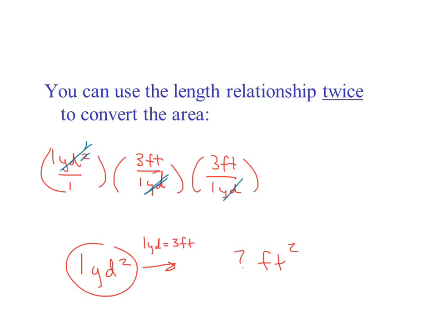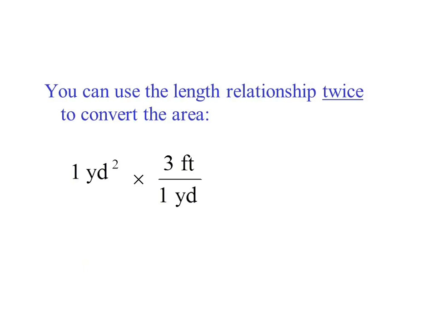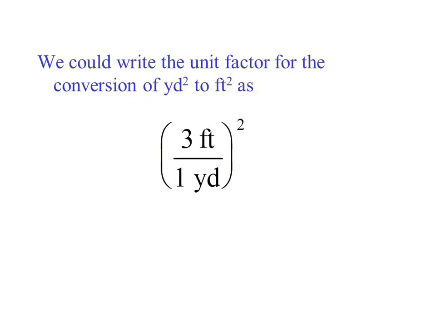Okay, so it feels cumbersome, like, hey, I know that 1 yard squared is equal to 9 feet squared, but this is how you would do it factor label. The yards have canceled, because we have 2 up there and 2 down here, and we're left with feet squared, and the numbers are 3 times 3 or 9. You could also take that second and third term, combine them together and square them.